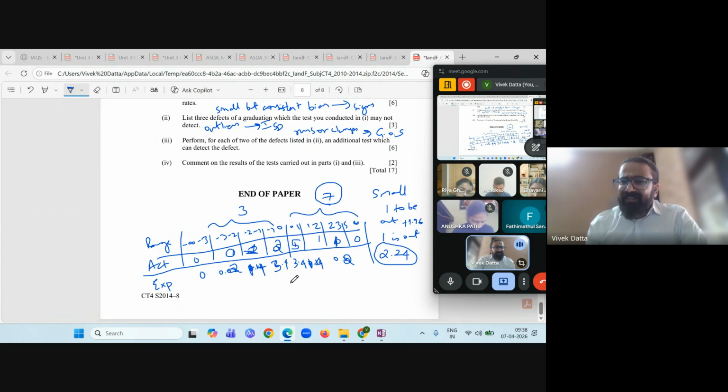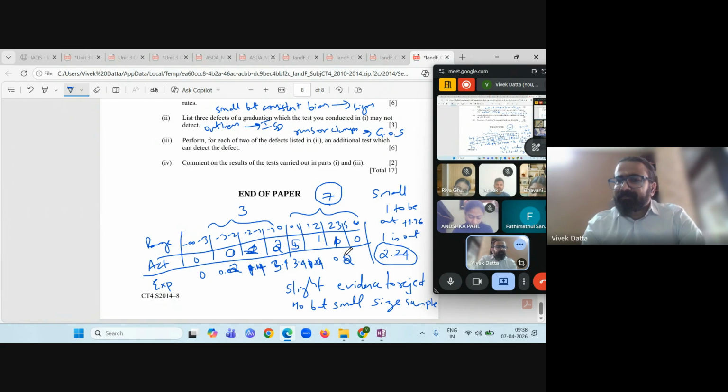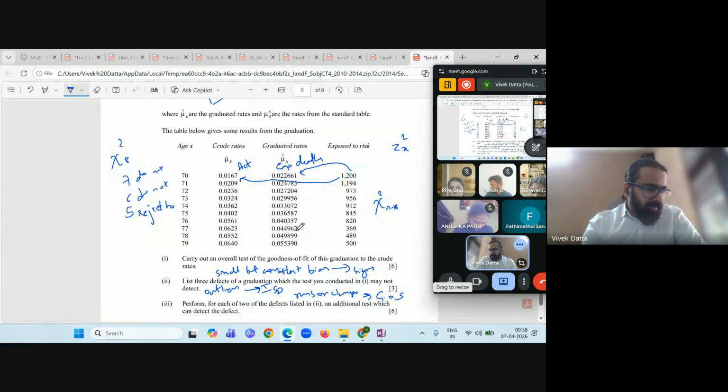There is slight evidence to reject H0. Further investigation is needed. But sample sizes are small. So I will softly reject, meaning I will use moderate language to reject it. It's not a strong reject.